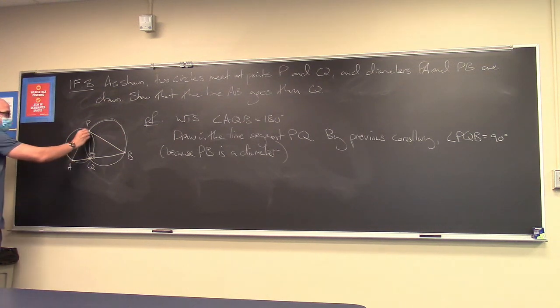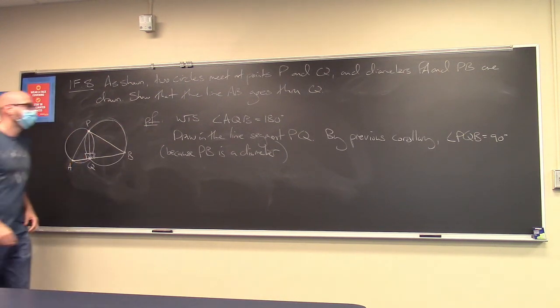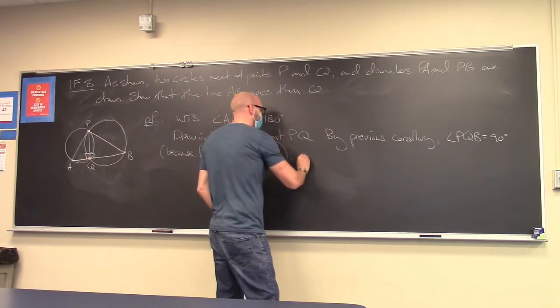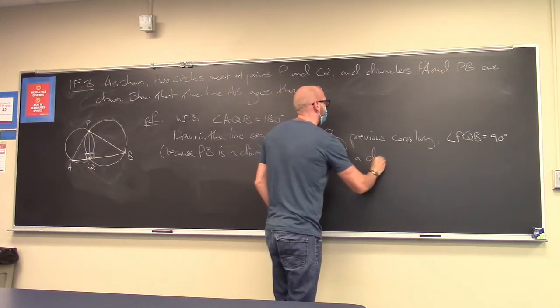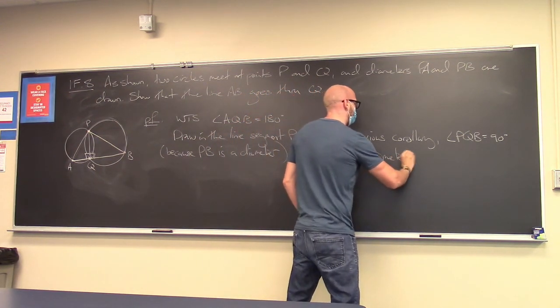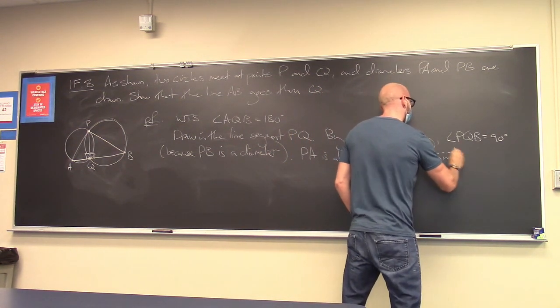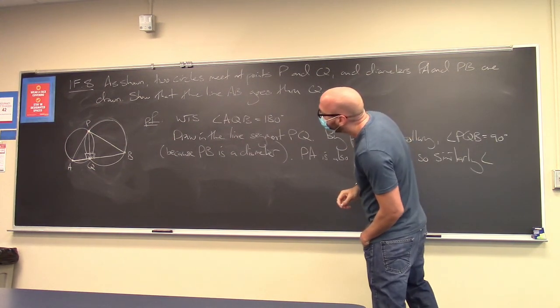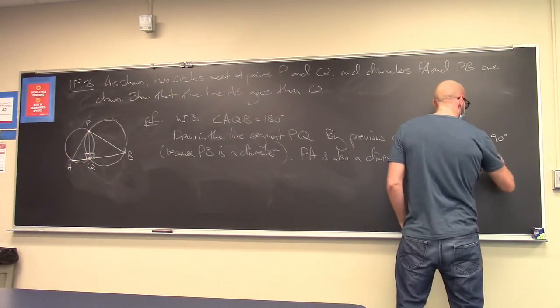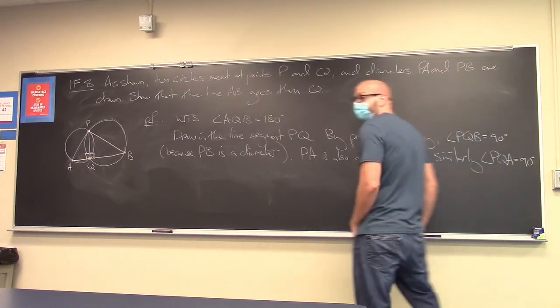And completely analogously, so similarly, I'll say this angle on the other side is also 90 degrees, because PA is also a diameter. So similarly, angle PQA is 90 degrees.